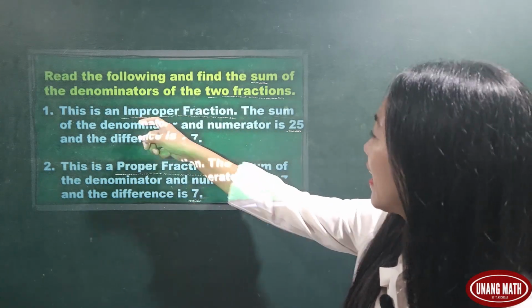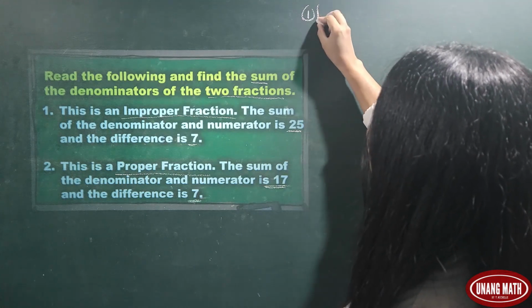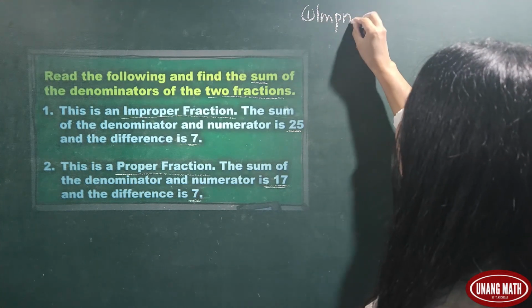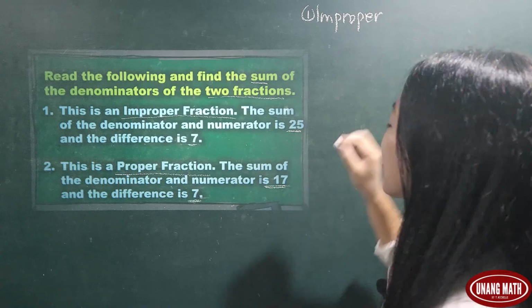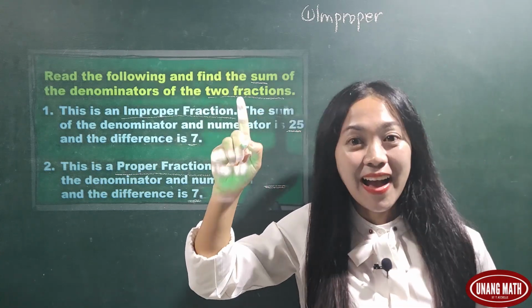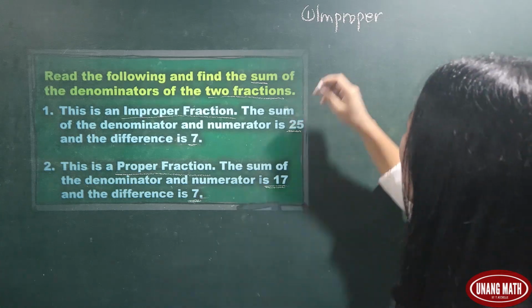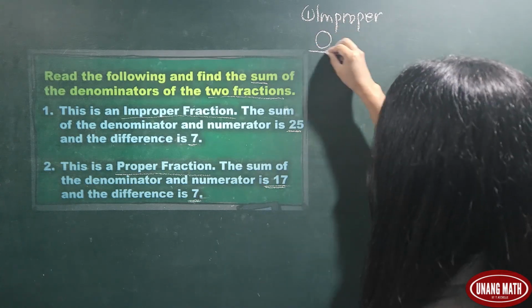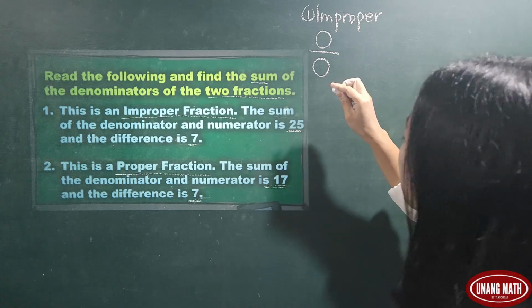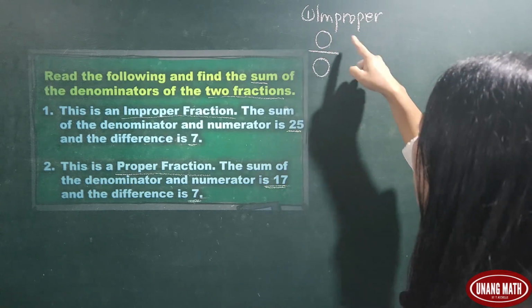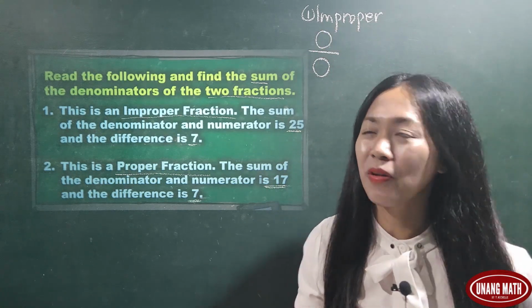Okay, simulan natin sa improper fraction. Okay, again, kapag sinabing improper fraction, ang numerator ay higher than the denominator. Okay, hindi natin alam kung ano ang improper fraction na ito. Let's represent this improper fraction using these symbols.